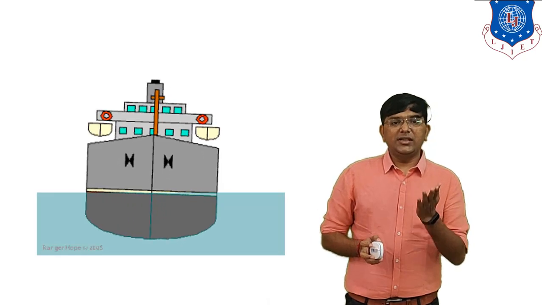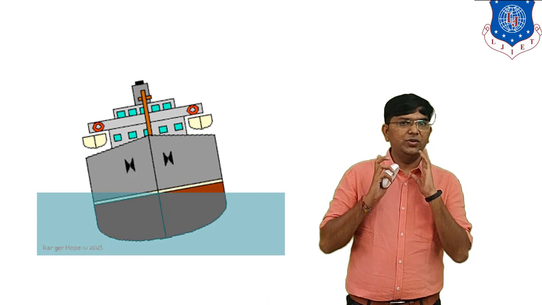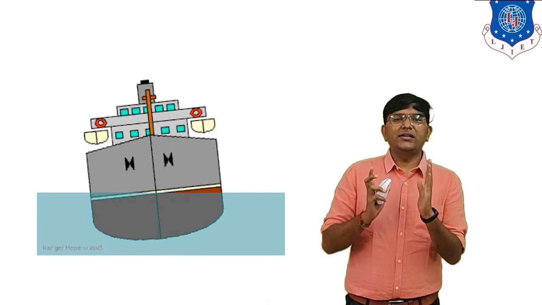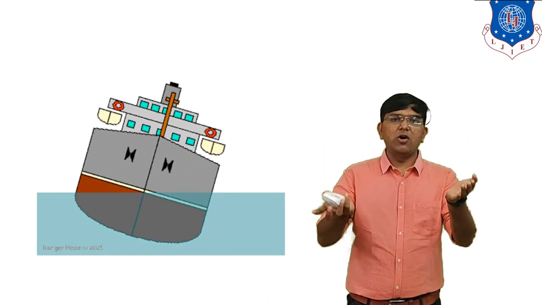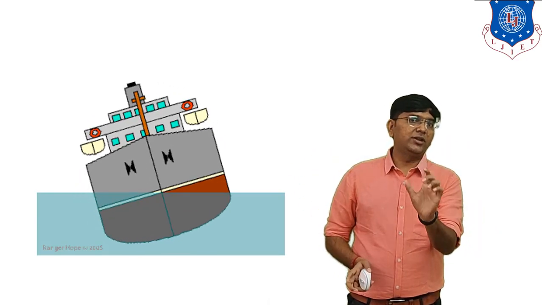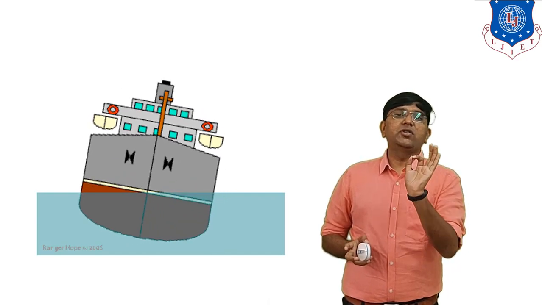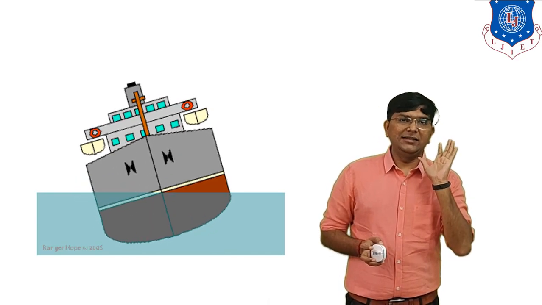Clear? So this is the simple animation for the rolling motion. Whenever you visualize the ship from the front side, the cyclic up and down motion of the port side and starboard side indicates the rolling motion. In rolling motion, the position of the axis of spin will not change. Clear?